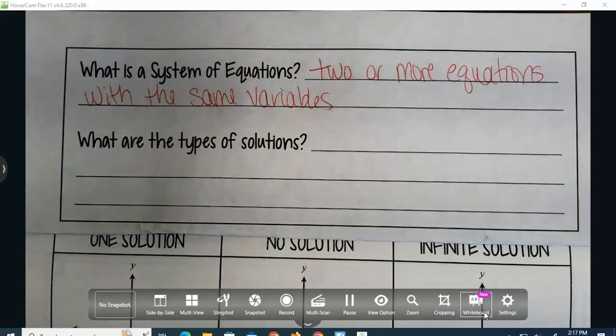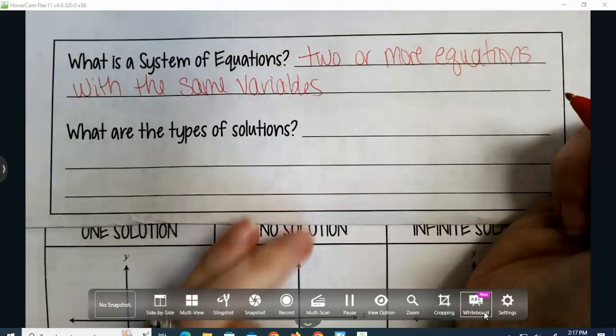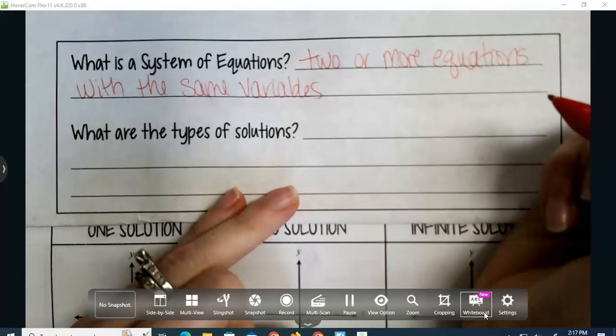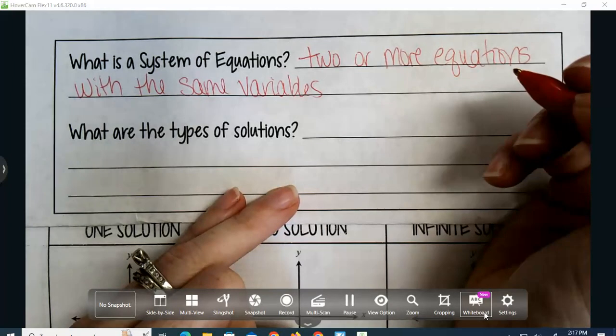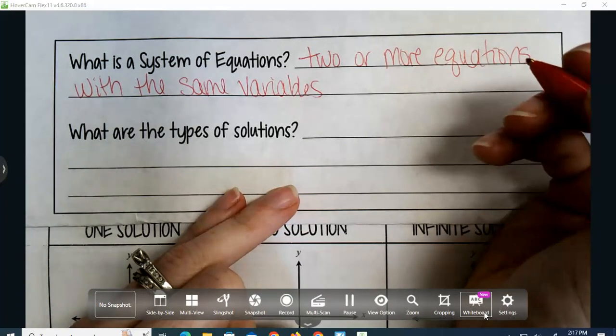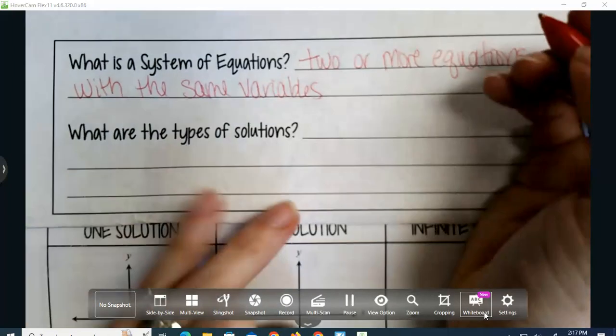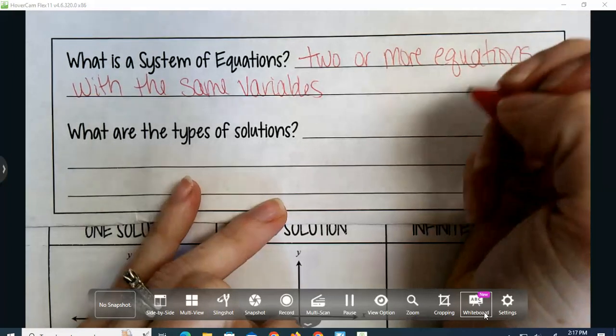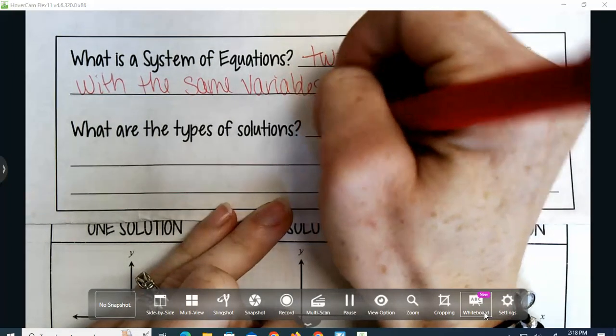All right. So, the different types of solutions that we might get. What do we usually get? Most of our answers are just an ordered pair, right? So we have ordered pairs.